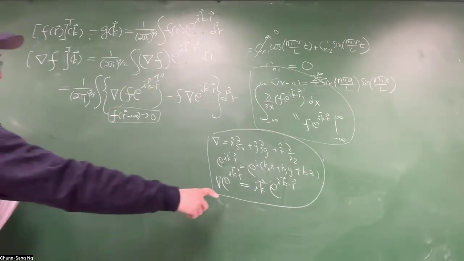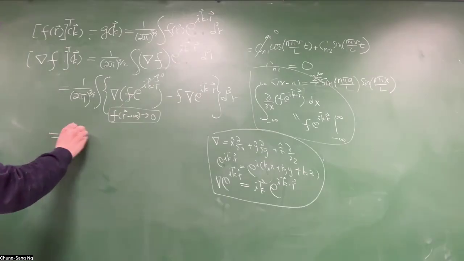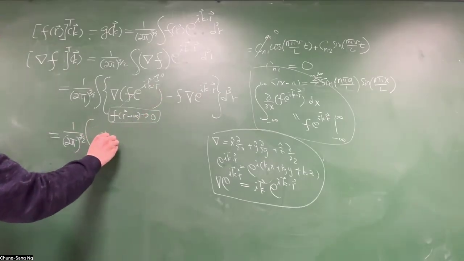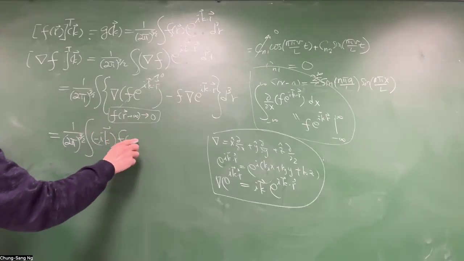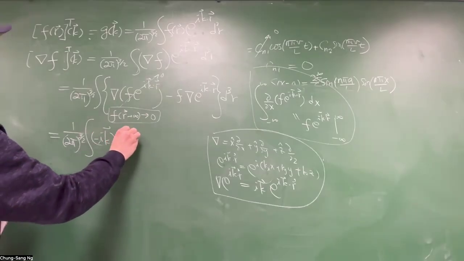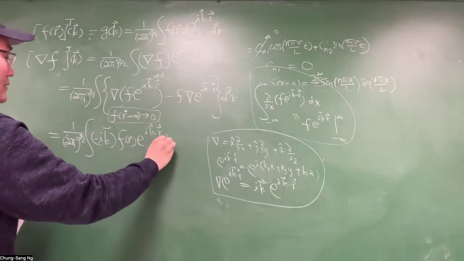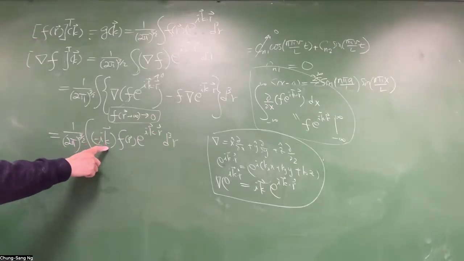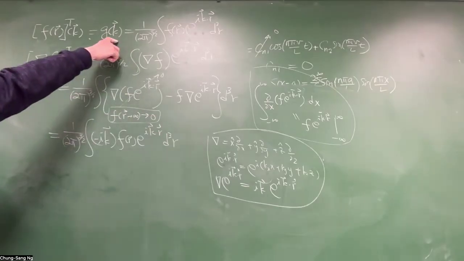Now you substitute this back to here. You have a minus sign, the minus i k, and you multiply by f and e to the i k dot r. This minus i k vector is actually independent of the integration, so you can take it out, and the rest is just the same.